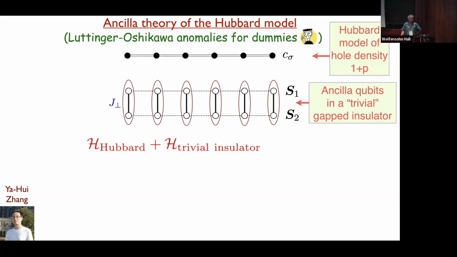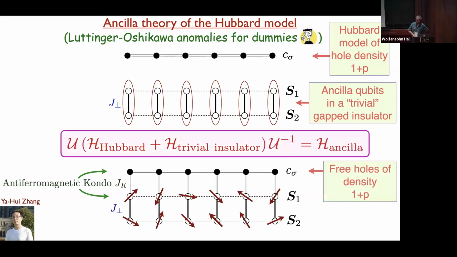Well, at this point, they don't, because there's no coupling between them. But we're going to induce a coupling by doing a canonical transformation, U, and get a new Hamiltonian, which is the ancilla Hamiltonian, which is illustrated here. Now we have a coupling J Kondo between the extra degrees of ancillas and the physical electrons. So that's the price we pay. We have an extra coupling.